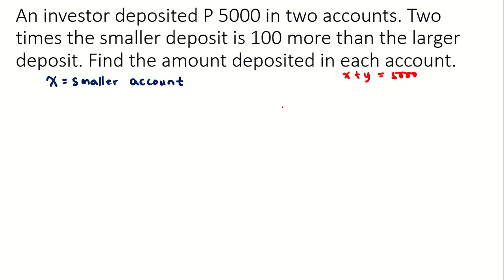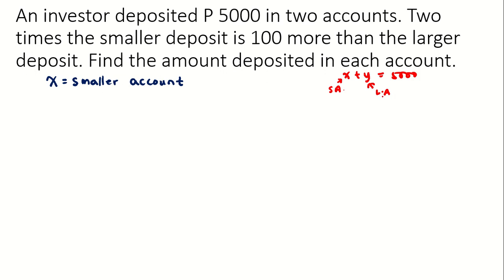Why is X plus Y equal to 5,000? Because there are two accounts. If we join those two accounts, that would be equal to 5,000. Let X be our smaller account, while Y would be our larger account. Now we want to make use of a single variable only.